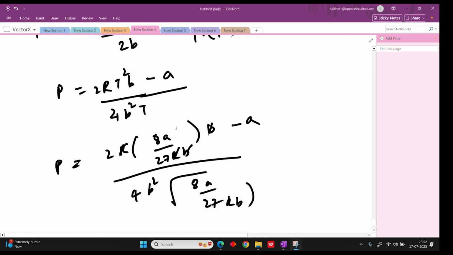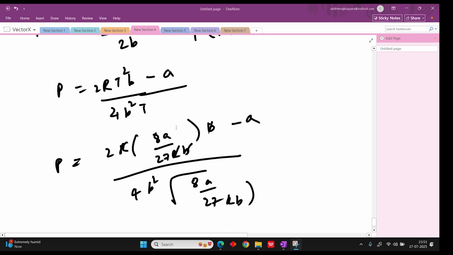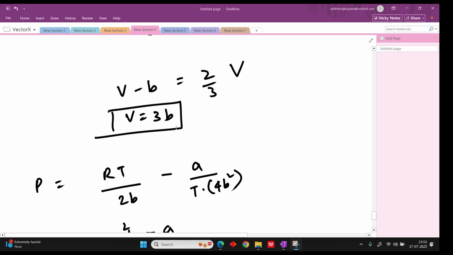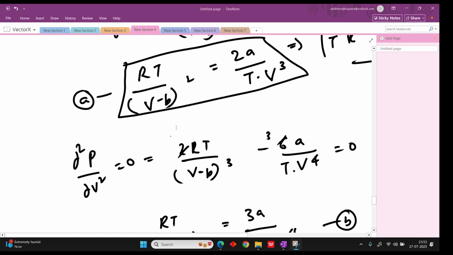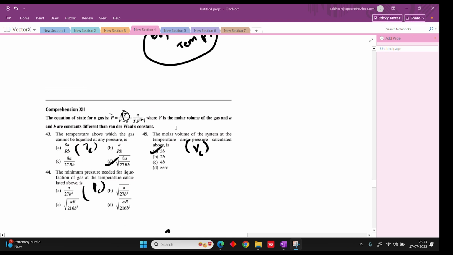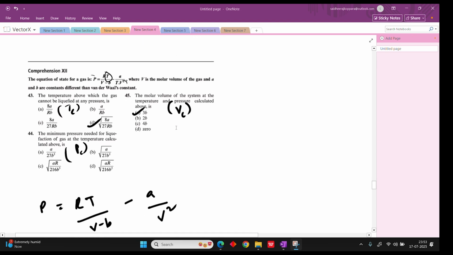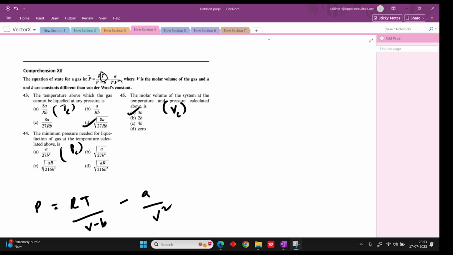Yeah, so the equation is 2R T square B minus, did I miss something? Let's try solving it here. P equals RT by 2B minus A by 4B square T, right?